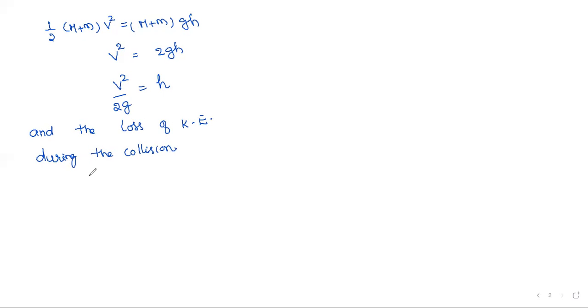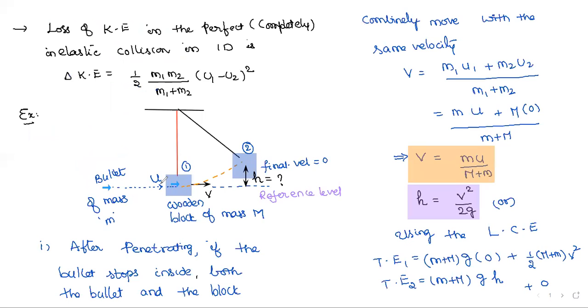During the collision means the total energy before is not equal to after. During the collision, something is wasted. So I am directly using the shortcut formula: half m1 m2, small m and capital M, by m1 plus m2, m plus capital M, into u1, bullet velocity u, minus u2, the block is at rest before the collision.